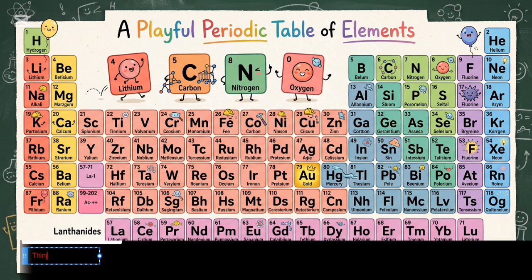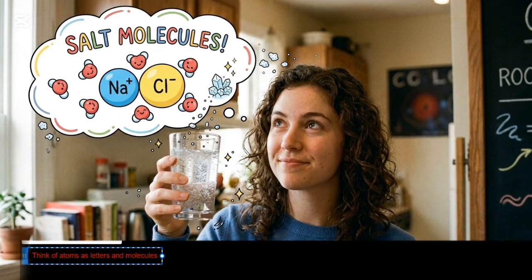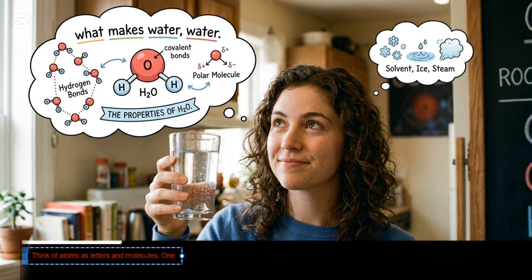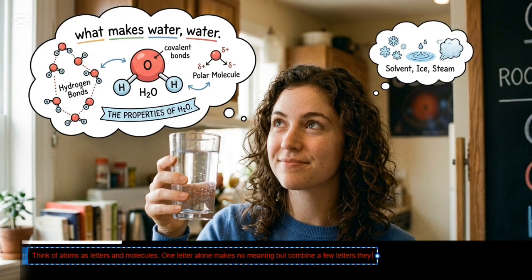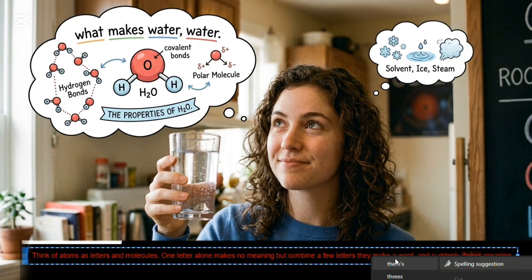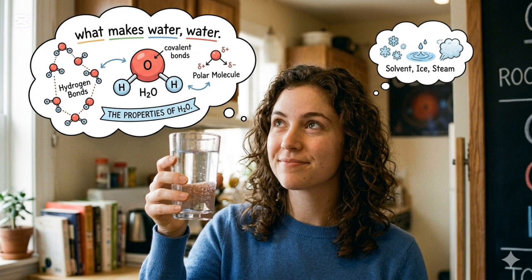I want you to think of atoms as letters and molecules as words. So one letter alone doesn't make any sense, but a combination of a few letters makes a word, right? And suddenly that word gives it a meaning. We have many molecules since we have many elements reacting every day to form new molecules or compounds.